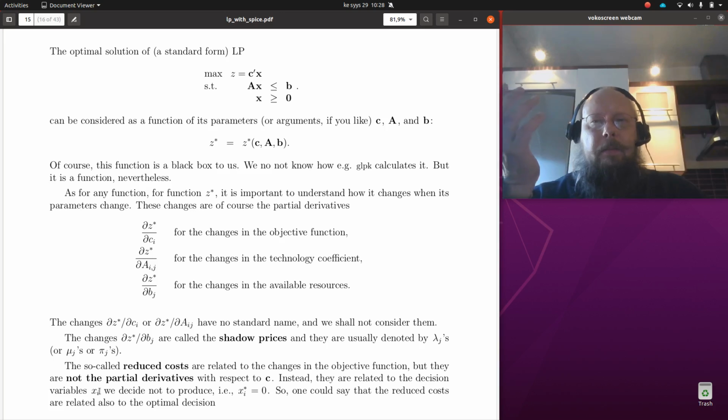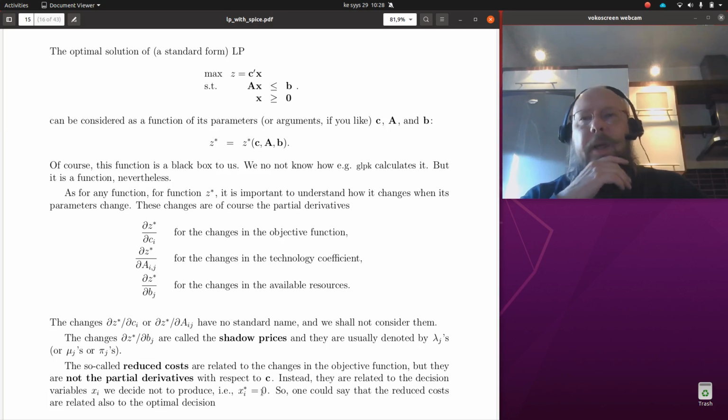So the reduced cost in that case is not interesting to us. But if we do not produce it, so x_i star, where star means at the optimum, equals 0, then the reduced cost is usually something other than 0, and then we are interested in it.